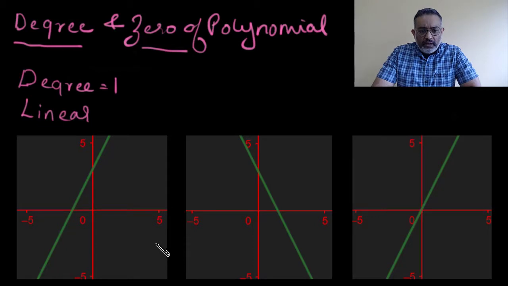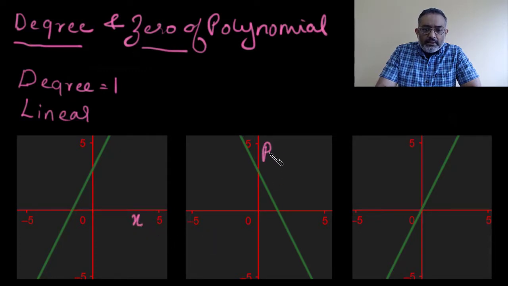I have graphed a linear equation, which is basically a degree 1 equation, with 3 different types of equations here. What I want to demonstrate is that there is only one single zero possible here. The x-axis is the x value and the y-axis is the p of x value.